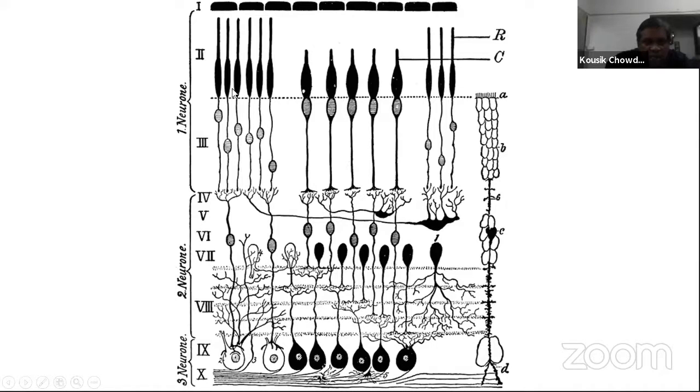Outer plexiform layer, outer limiting membrane, inner plexiform layer, inner limiting membrane. Here we are seeing nerve fiber layer and inner limiting membrane.